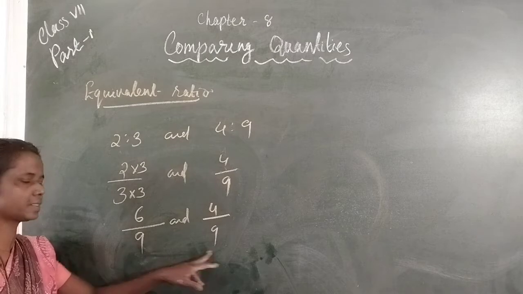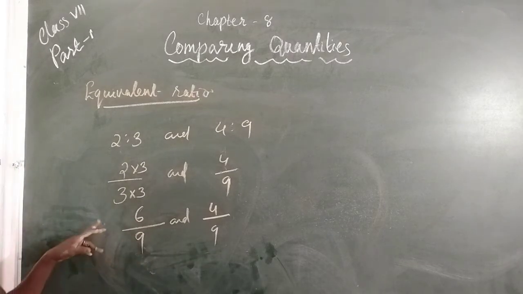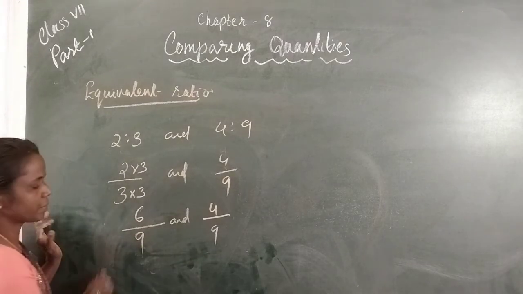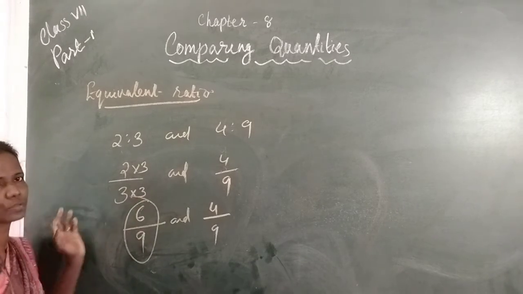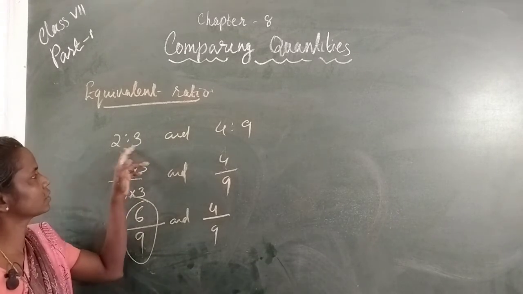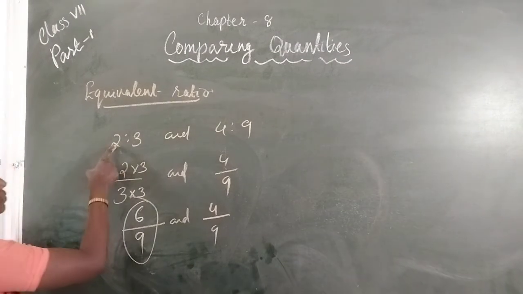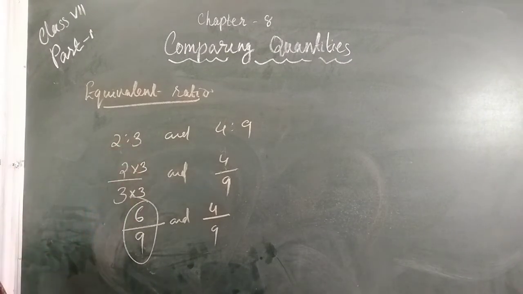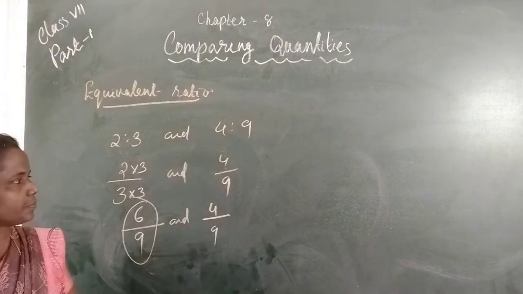Look, the denominators are the same. Then compare the numerators. Look, which is the largest number here? 6/9 is the largest. So which ratio is the greatest here? This 2:3 is the greatest ratio. Is it clear?